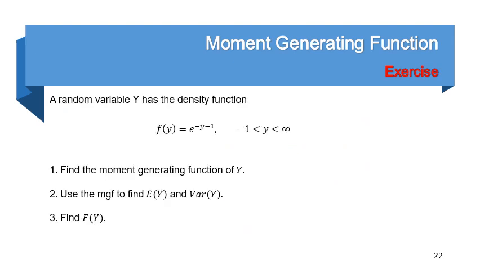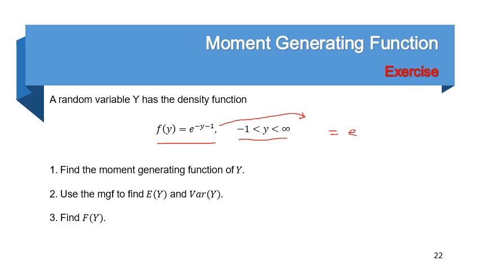This here is an exercise for the two problems we solved in the previous two examples. You have your density function as e to the minus y minus 1, and you have your y working from minus 1 up to infinity. Remember, this function I can write in another way, which is an easy way. I can write f of x as the following, because I can divide the power into two powers.